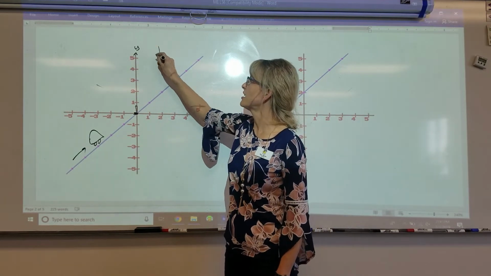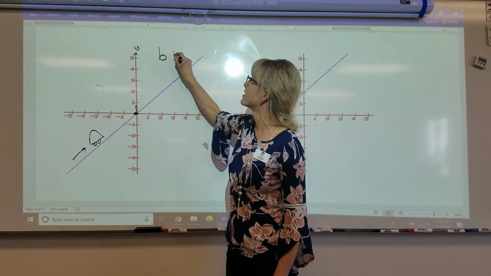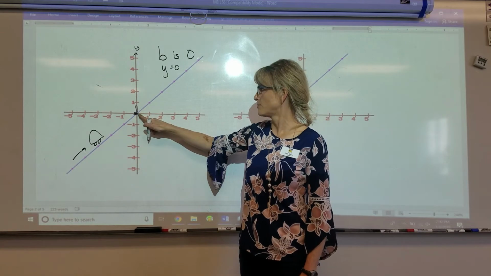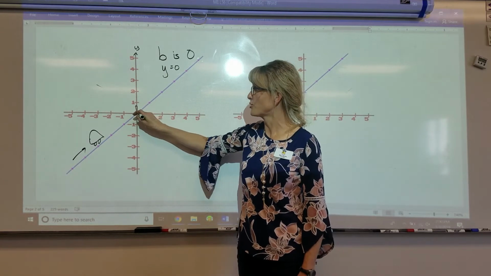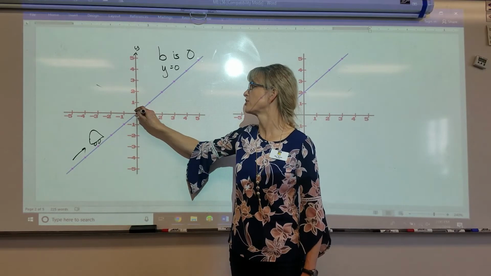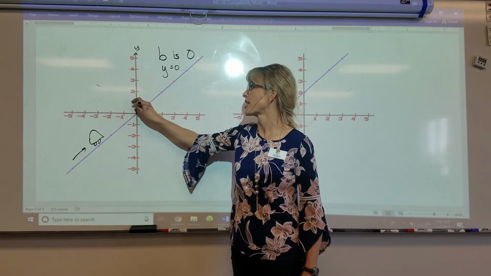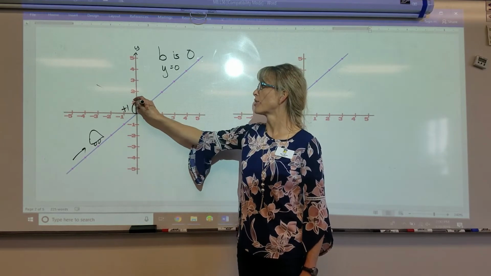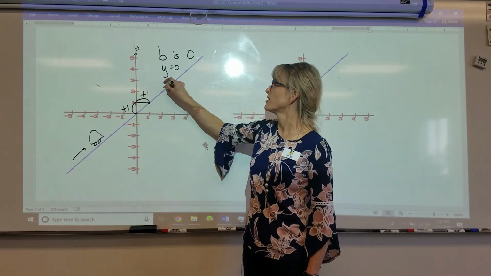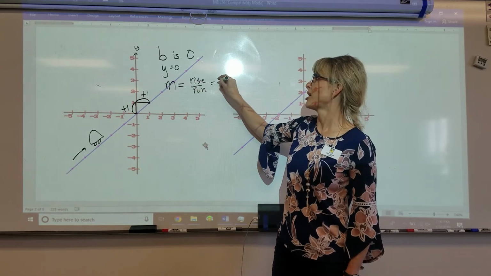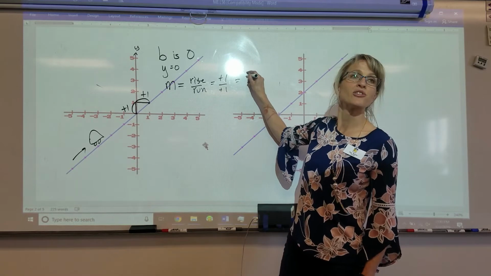So my b, or my y-intercept, is 0. To do slope, remember, we needed a triangle, and we need to do rise over run. So we're going to take two easy points, make a right triangle, and I'm going to count rise, +1, a run of +1. So my slope, or m, is rise over run, or +1 over +1, which reduces to 1.